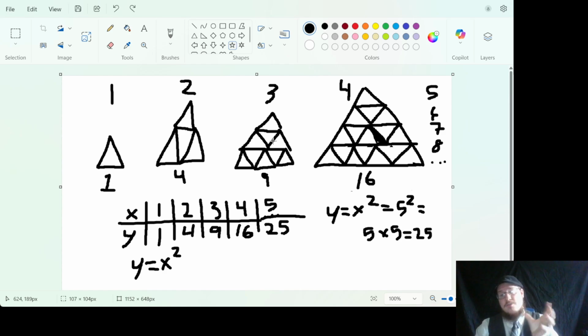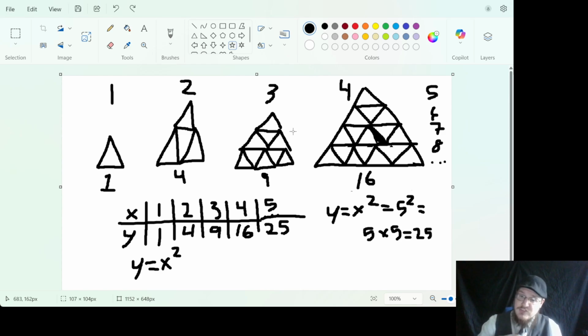Your x is going to be your current term in that pattern, whether it's the first term, second term, third term, fourth term, so on. And then your y is going to be however many smaller shapes comprise the whole shape. Okay? Or however many lines that you've got.